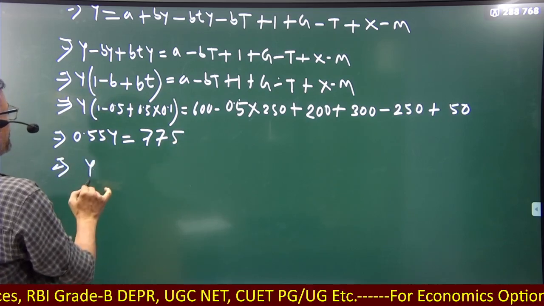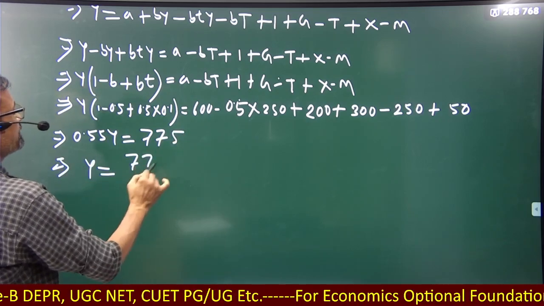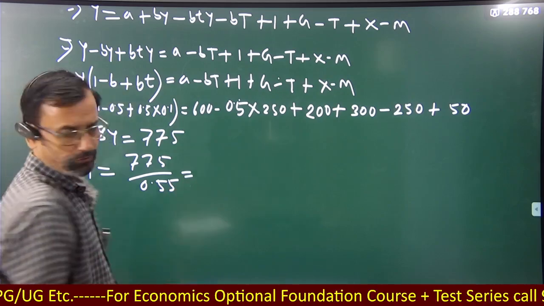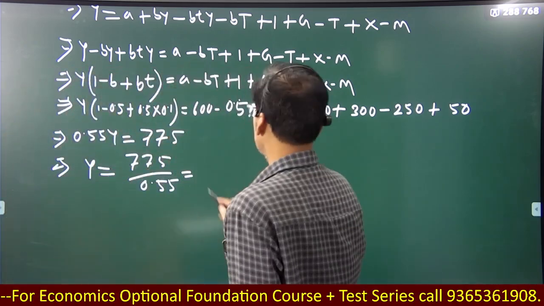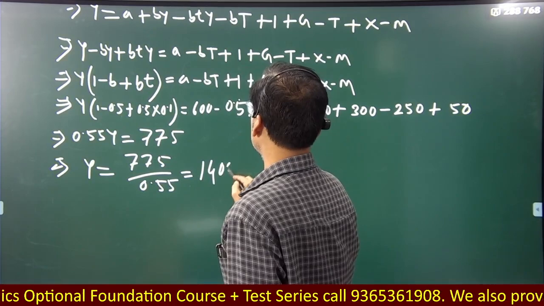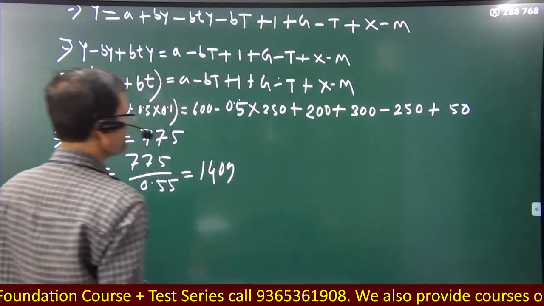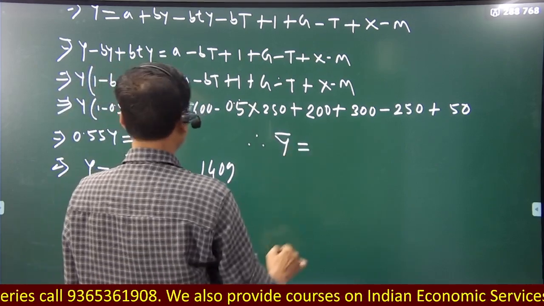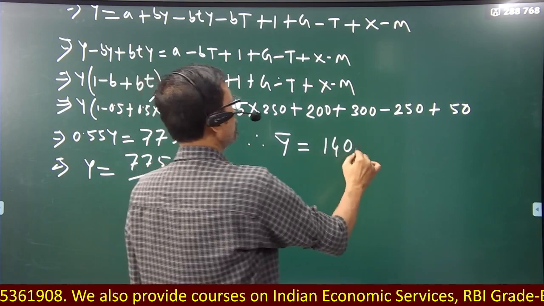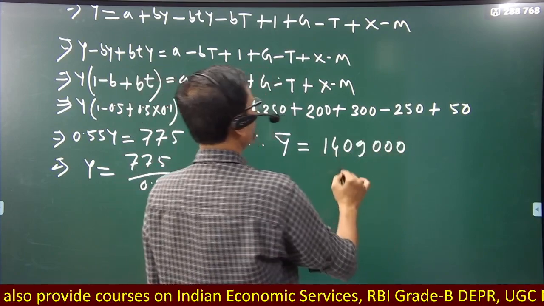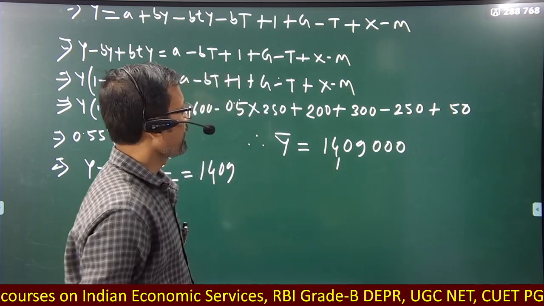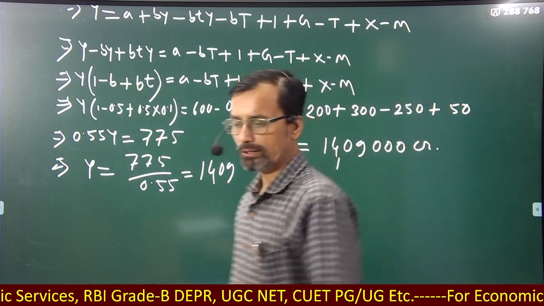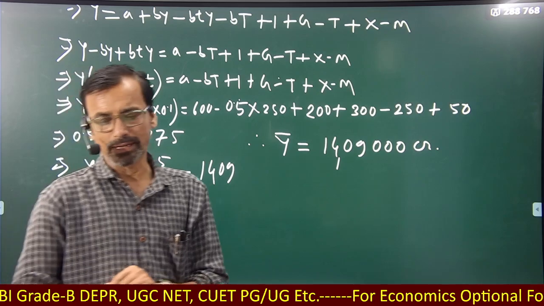So that is why income will be 775 divided by 0.55. So the result is this much. Therefore, after considering tax, the equilibrium level of income is 14,09,000 crore. This much will be the equilibrium level of income.